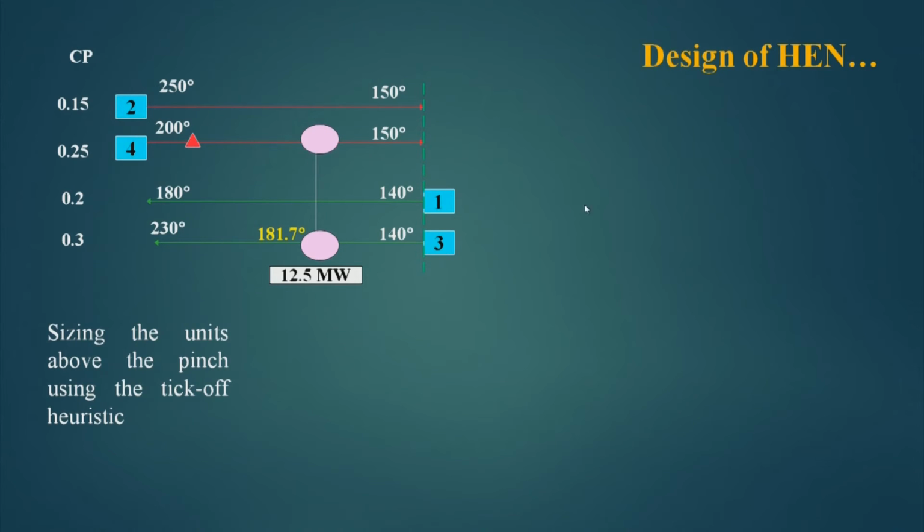Now, in this case, the hot stream is ready to give 200 minus 150 into 0.25, that means 12.5 megawatt it is ready to provide.